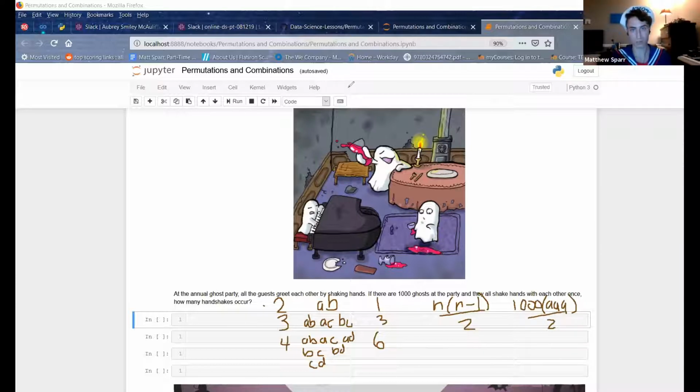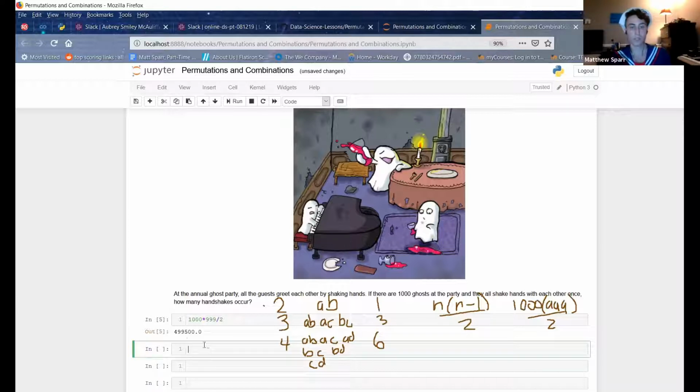So let me go ahead and run this here. So 1,000 times 999 divided by 2. And we get almost 500,000. But another way we could think to do this is to just do 1,000 choose 2.